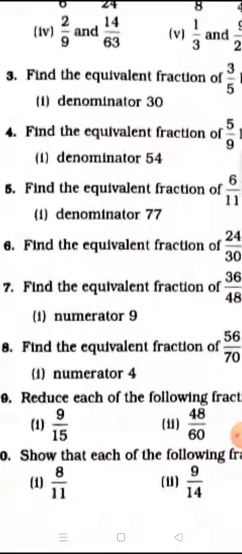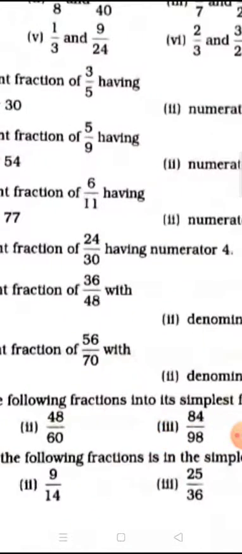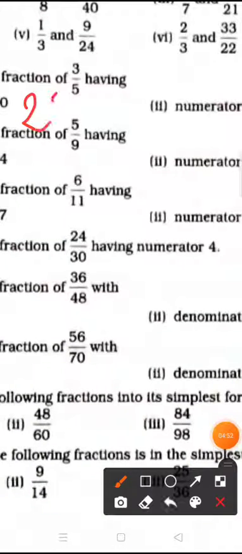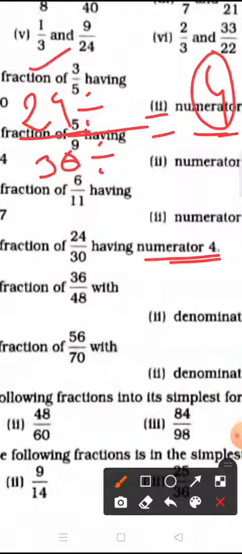Question number 6. Find the equivalent fraction of 24 upon 30 having numerator 4. Here what you have seen: 24 upon 30, and we have to make its numerator 4. So how many times do you have to divide? In the table of 4, how many times do you get 24? 6 times.